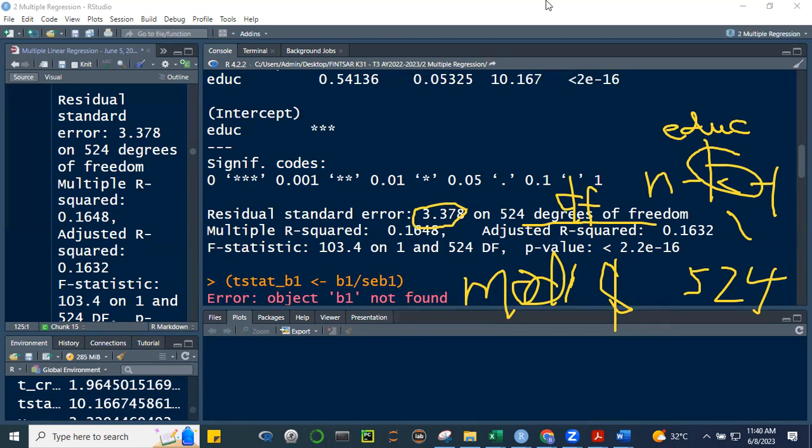Sige, pakita natin. Paki-confirm, paki-check nyo, paki-sulat nyo sa console nyo, mod1$df.residual. What are you getting? We just want to see kung tama nga talaga itong 524 degrees of freedom na to.